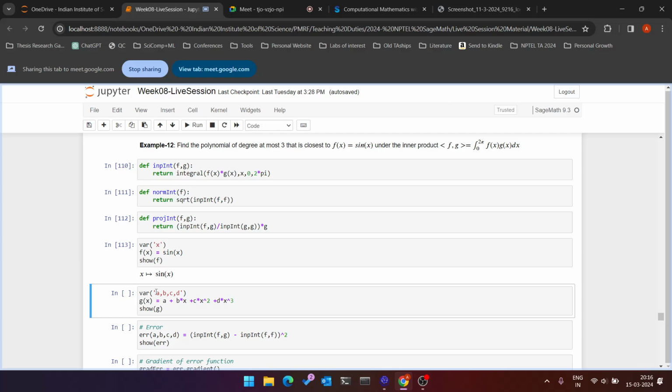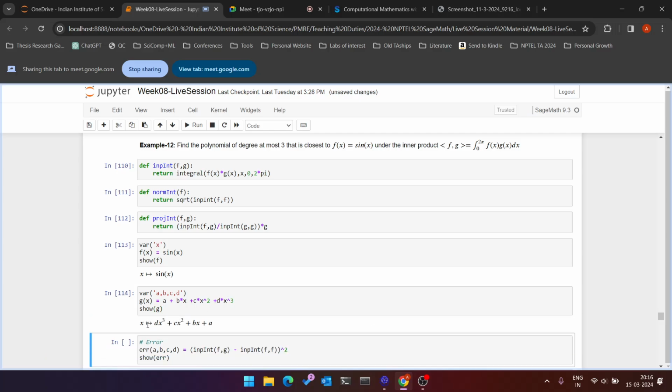Next, I'm defining four variables a, b, c, and d, and then g of x is nothing but a plus bx plus cx square plus dx cube. If I show g, it's the map going from x to the cubic function a plus bx plus cx square plus dx cube.